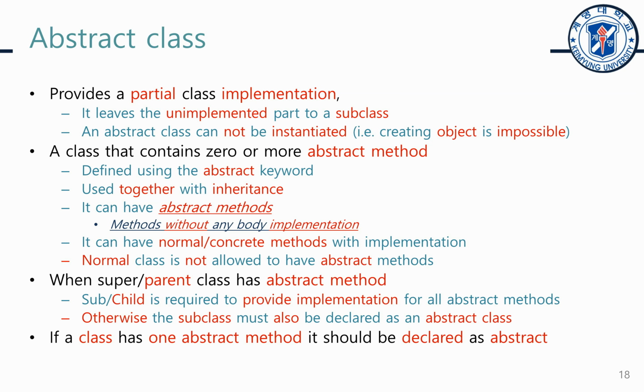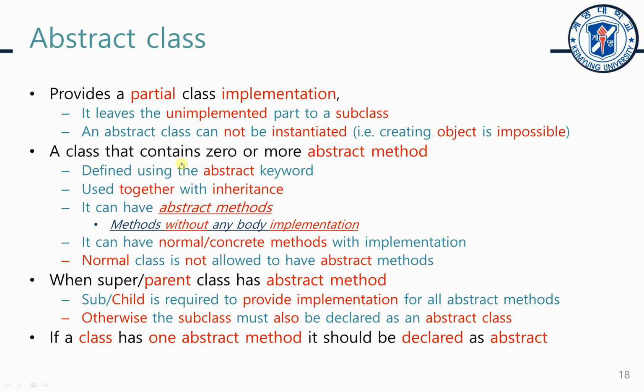So it will implement just some few methods of the class, and the unimplemented parts of the superclass are left out for the subclass. An abstract class cannot be instantiated. That means you cannot create an object from an abstract class.